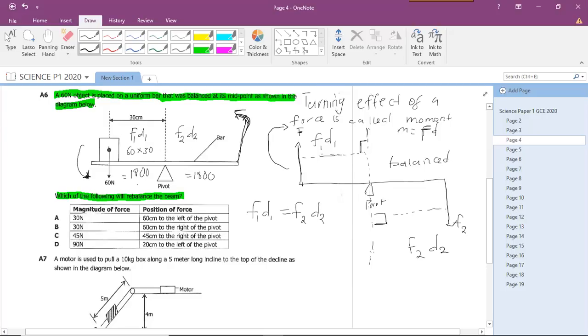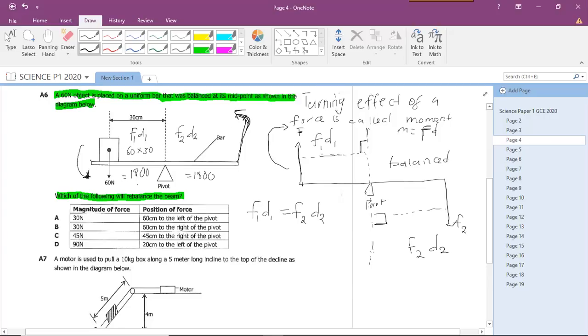I've gotten lost about whether it's clockwise or anti-clockwise, but you get the picture. Anyway, it doesn't matter.